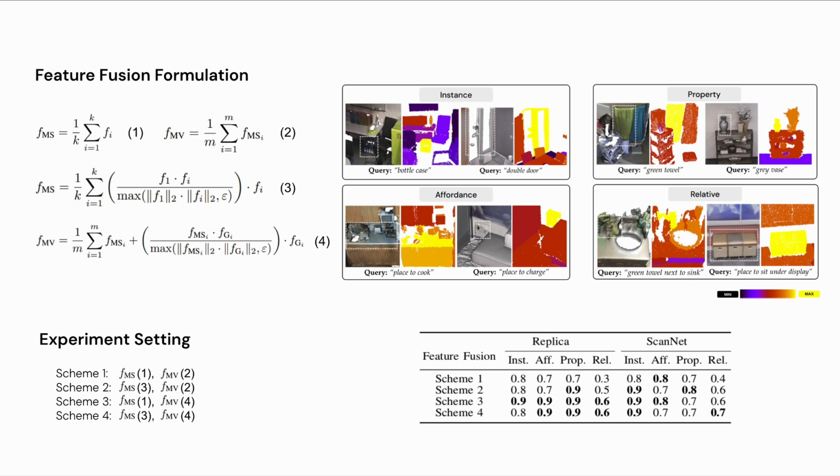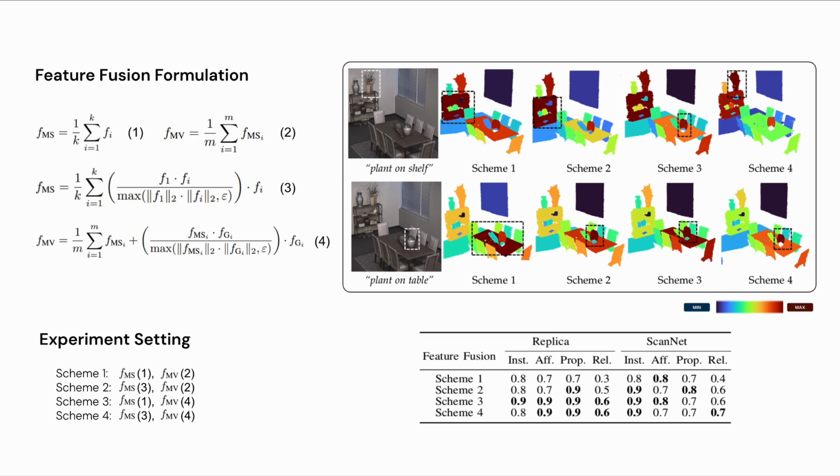Manual assessment of recall across query types revealed comparable performance for instance, affordance, and property queries. However, for relative queries, our proposed formulation demonstrated improved performance, more accurately identifying correct objects in queries containing contextual information and yielding a more favorable overall similarity score distribution.